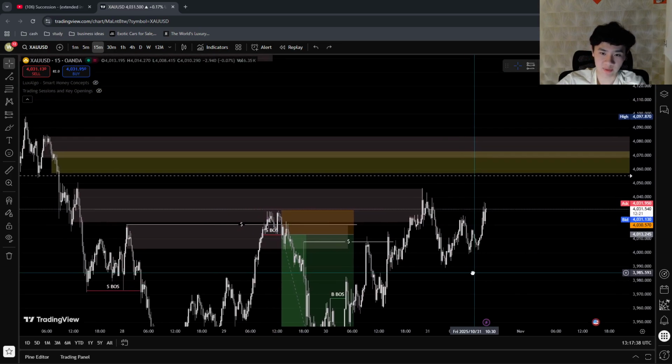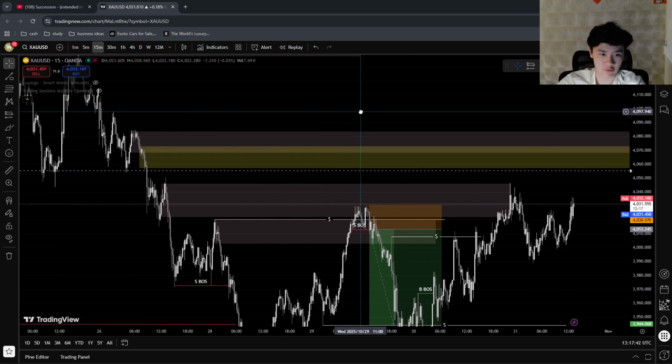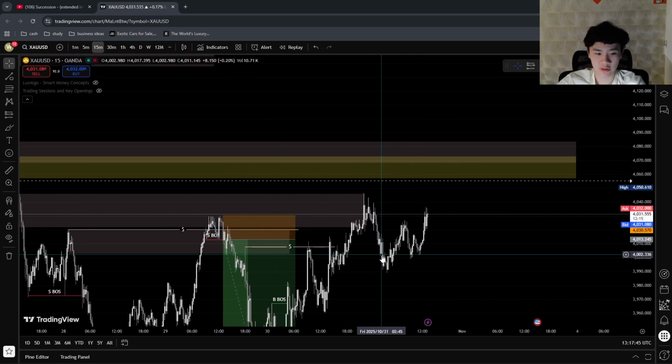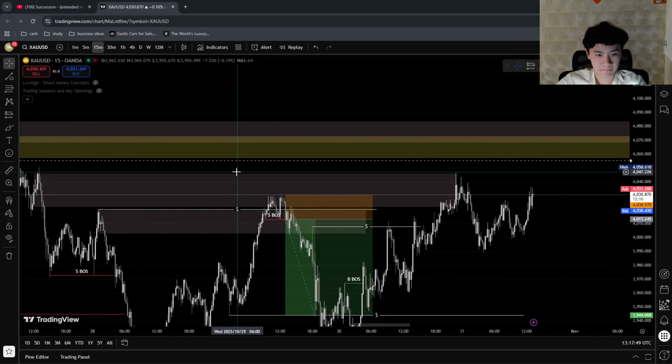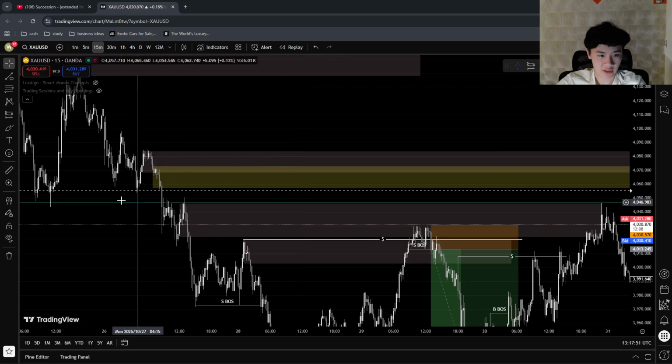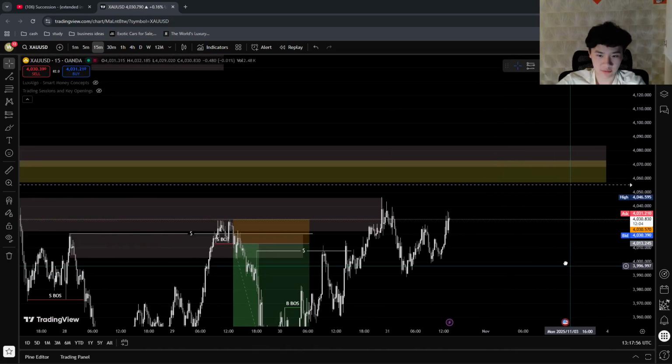So it is a possibility that these zones would be disrespected. That's why it's so important to do the lower time frame analysis. These are some imbalance zones and also some chains of order blocks that I'm very interested in shorting.